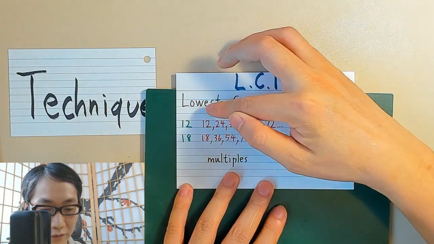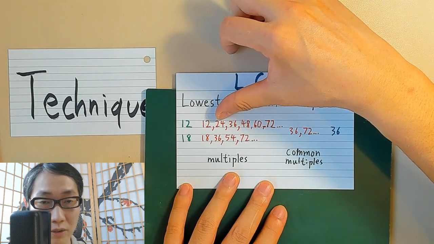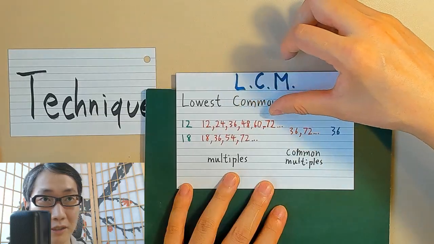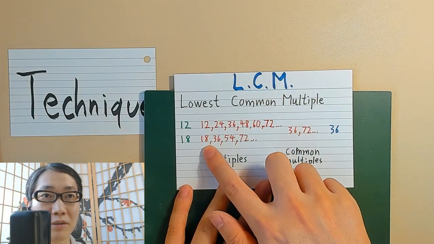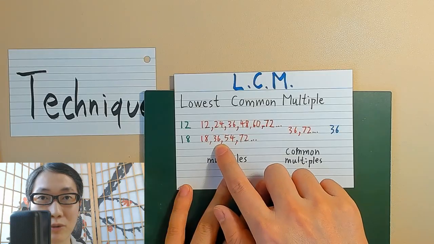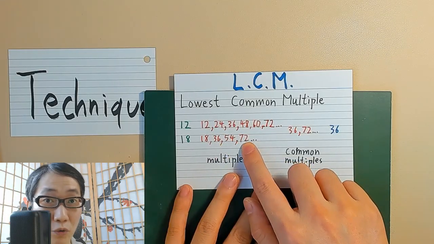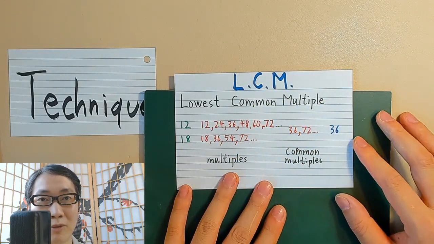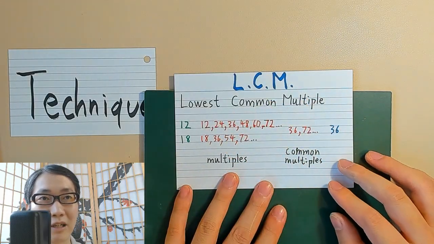So 12 times 1 is 12, 12 times 2, 12 times 3, 12 times 4, etc. 18 times 1, 18 times 2 is 36, 18 times 3, 18 times 4, etc. Every number has an infinite amount of multiples because we can go infinitely large, so we're only listing the lowest one.